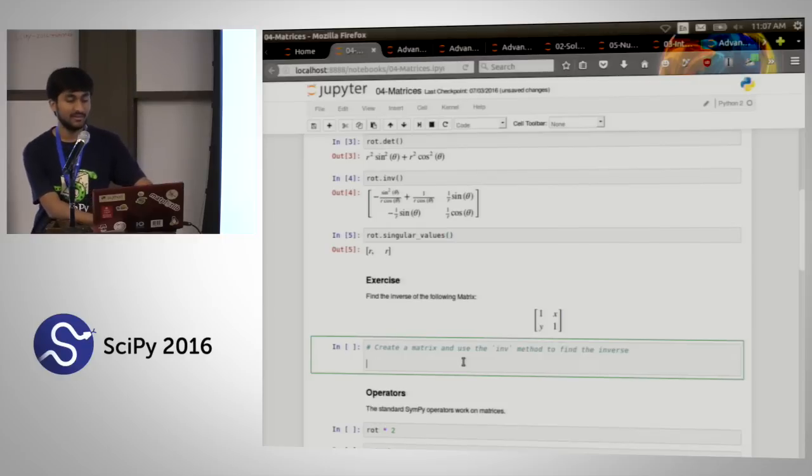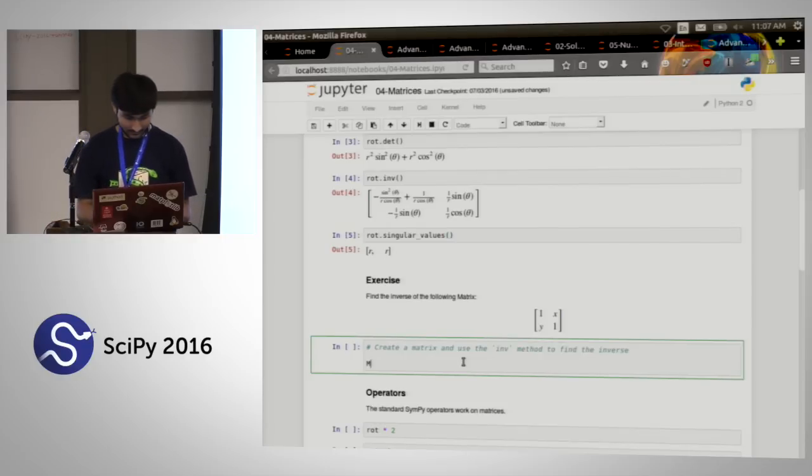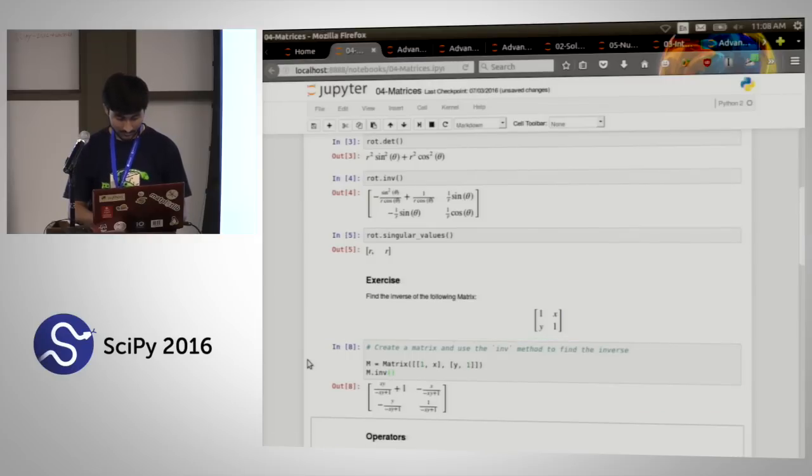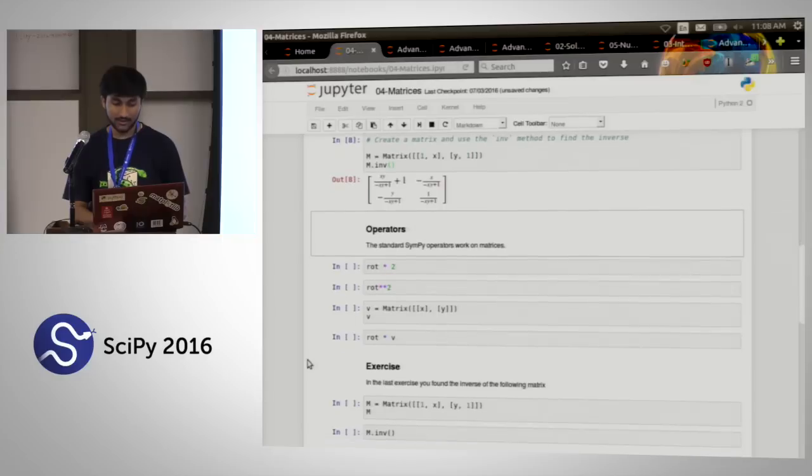So it is a small exercise to find the inverse of a matrix. And you can use operators on the matrices. Matrices have their custom behavior defined for the operators.